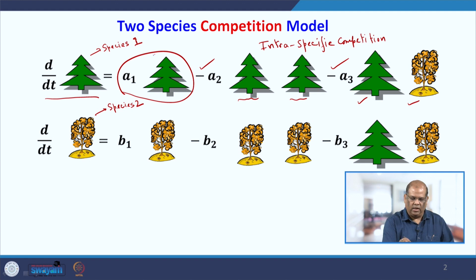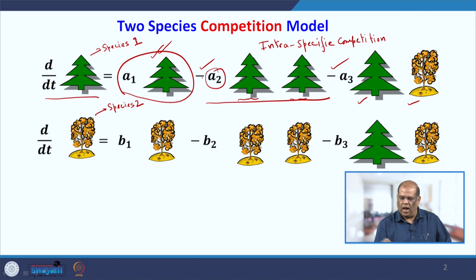So, basically this represents the growth of the plant, this represents the competition due to same species plants at a rate A2, and this represents the competition of a different species plant, called inter-specific competition.